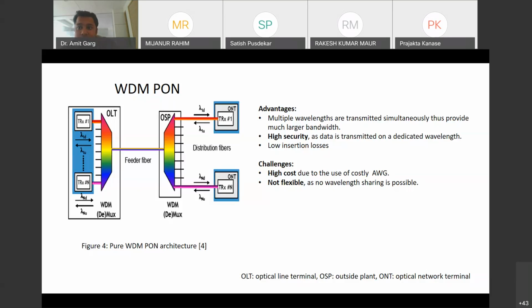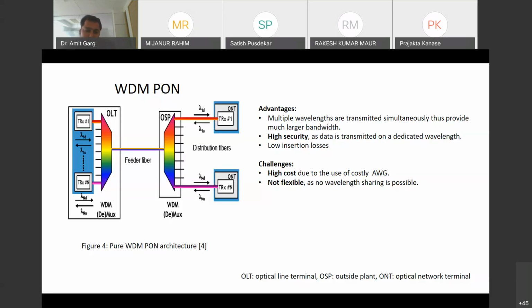So in the case of a power splitter or the TDM PON, the insertion losses are very high, so data rates are not much higher there, but here the data rates are high with lower insertion losses. And as the insertion losses are low, the power budget is not a big issue here. But in the case of TDM PON, the power budget is the issue.